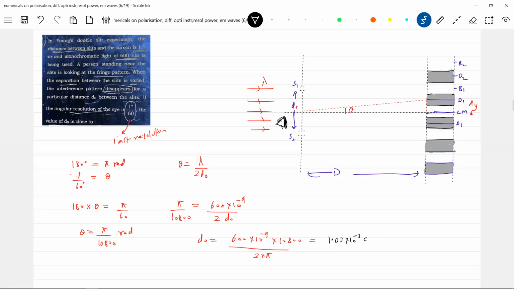Yes, sir, you get this much. It's a millimeter. 1.0 millimeter.